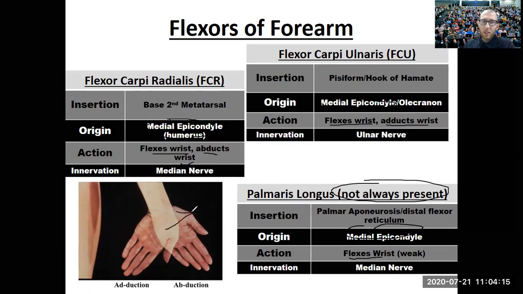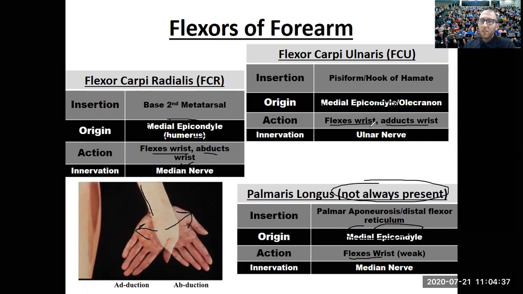So it would be going this way with it. The carpi ulnaris on the ulnar side would pull the hand that way and adduct the wrist. So they have a common action, flexing the wrist, but then an opposite action with that deviation.